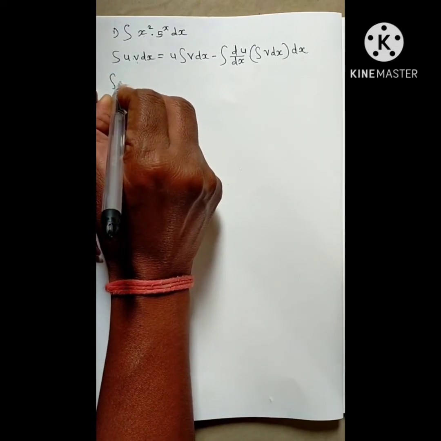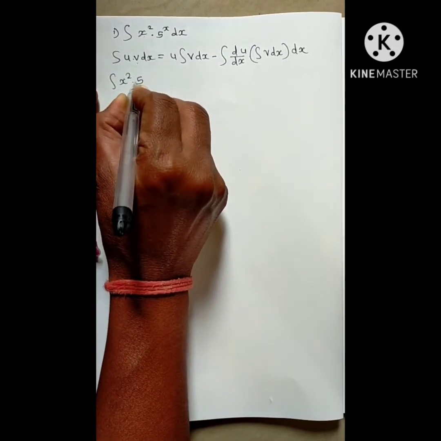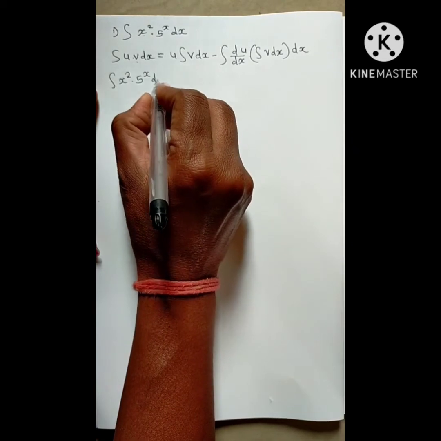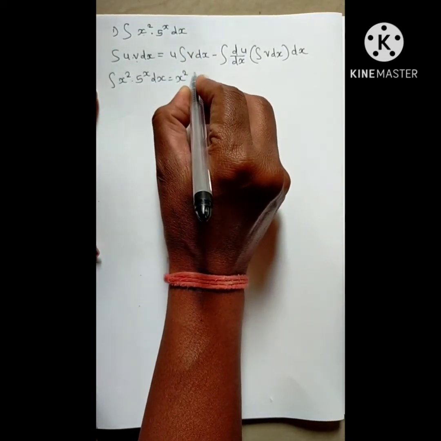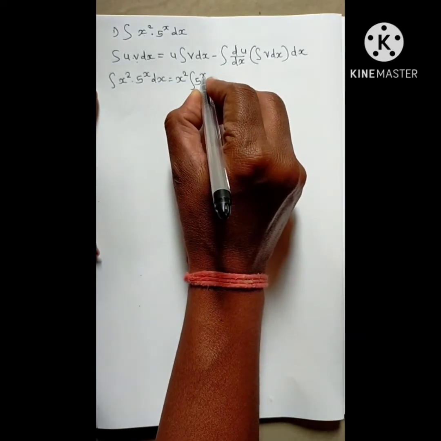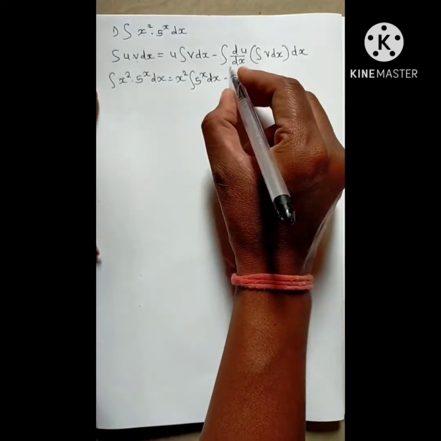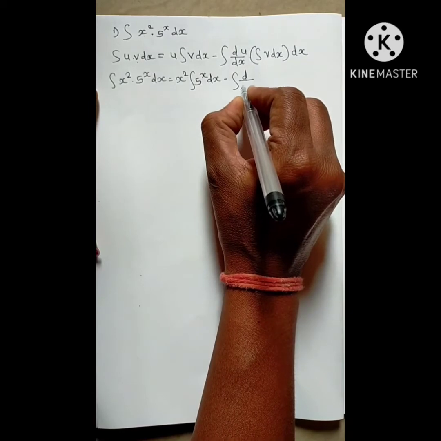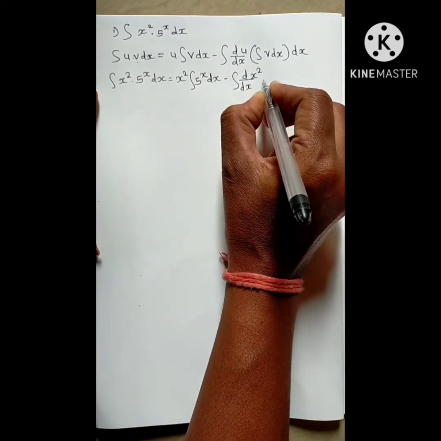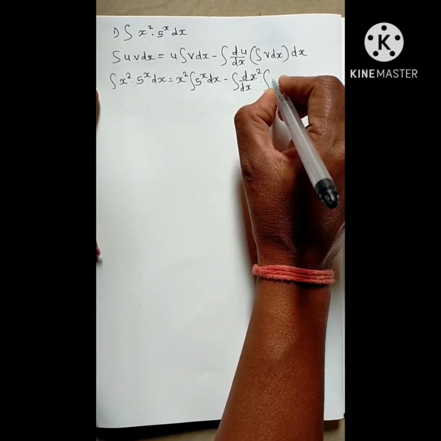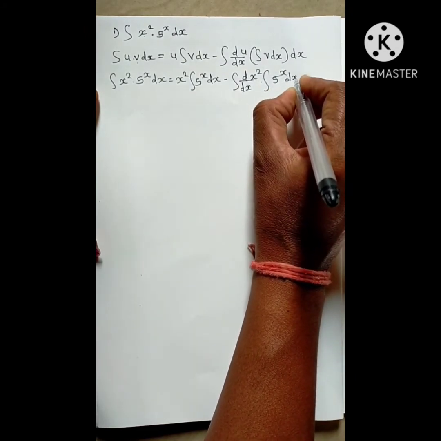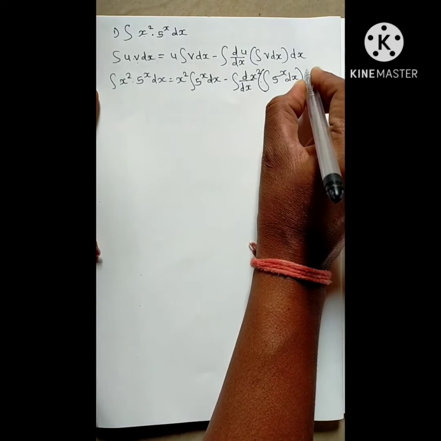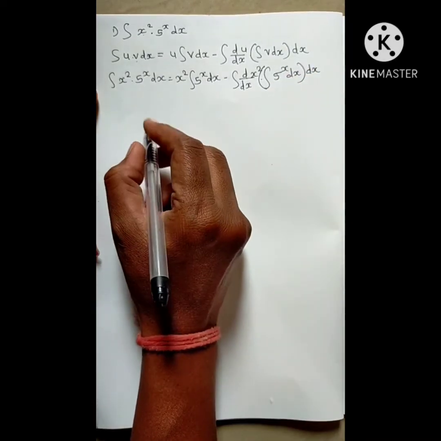Therefore integration x square into 5 raised to x dx is equal to, using this formula, x square integration of 5 raised to x dx minus integration d by dx of x square into integration of 5 raised to x dx into dx.